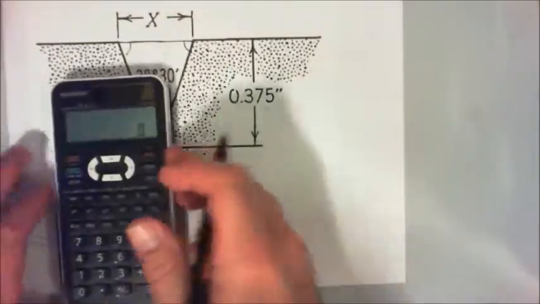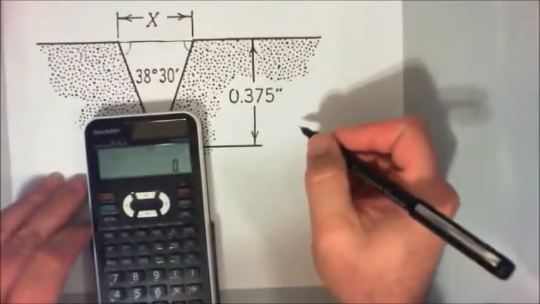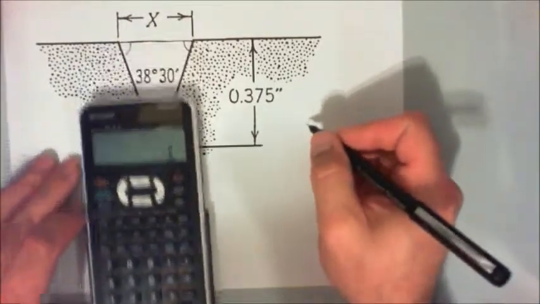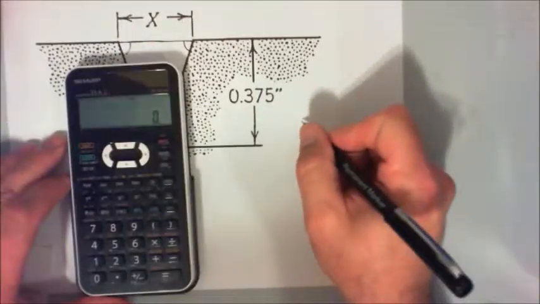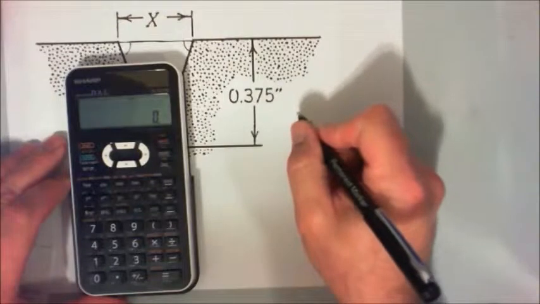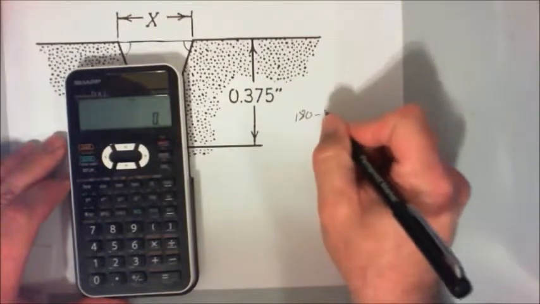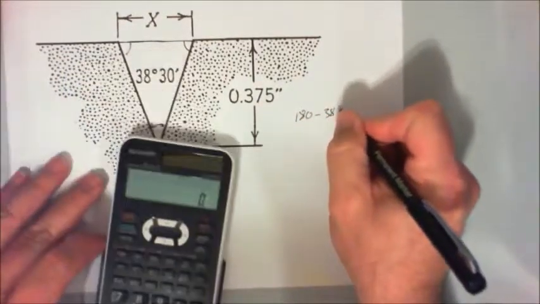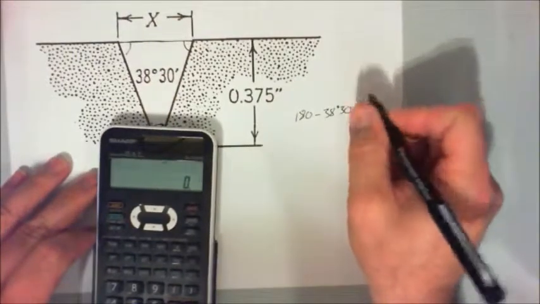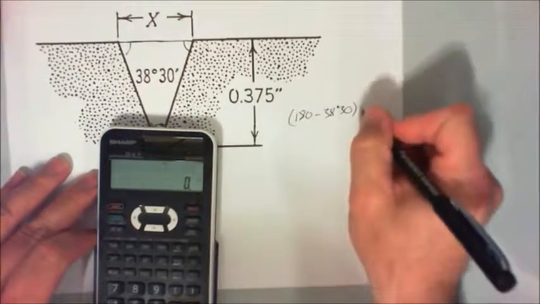So let's try 38 30. Let's go 180 minus 38 30 divide by 2.